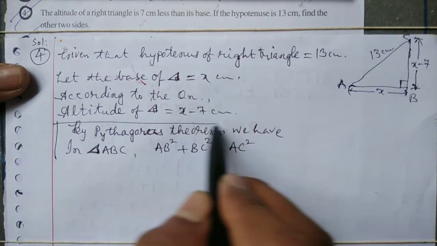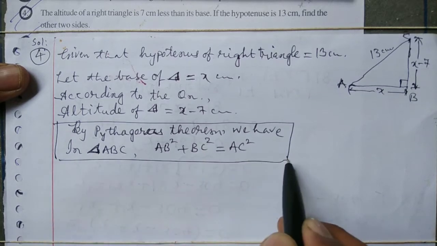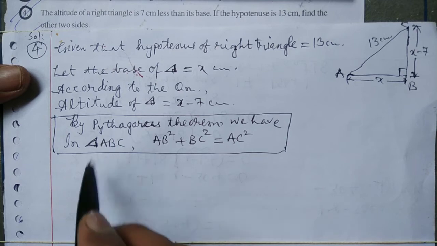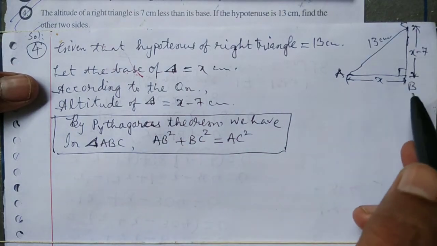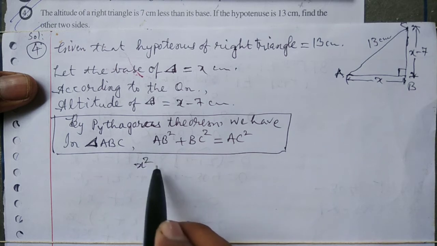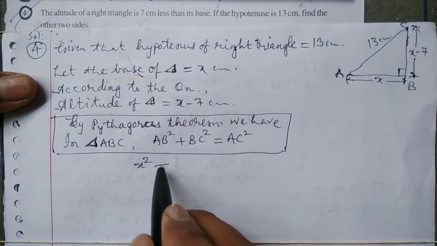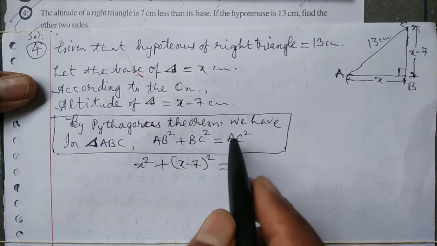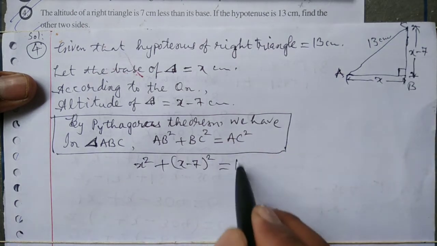This is the Pythagoras theorem. Based on this theorem, we can write AB square, AB is x, so x square, plus BC, x minus 7 whole square, is equal to AC square, 13 square.